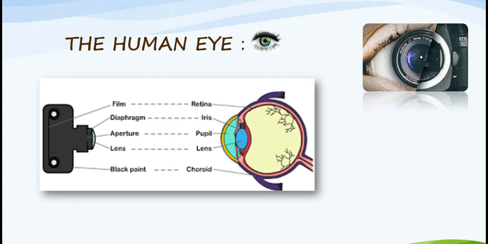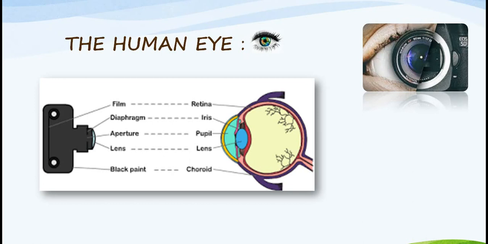Now starting from the human eye, I have put a picture in which half human eye you can see and half camera you can see. In the main diagram, in front is a camera and in front a human eye diagram like a camera. A few basic terms related to camera: film, diaphragm, aperture, lens and the black paint.